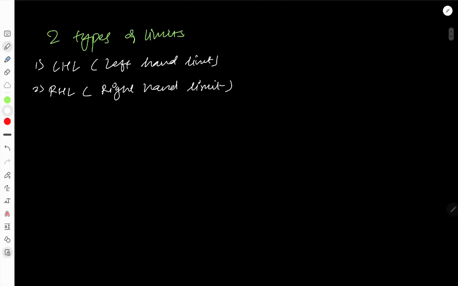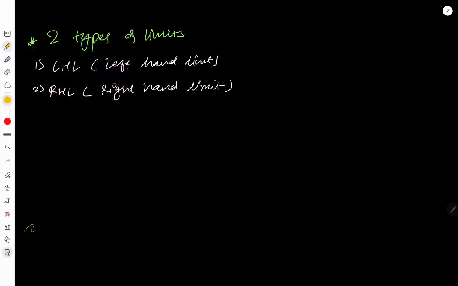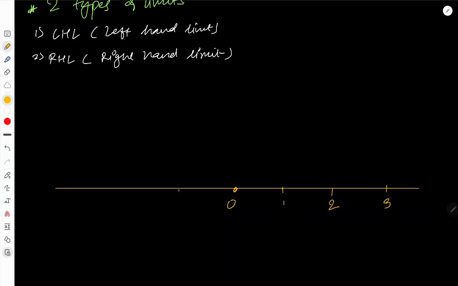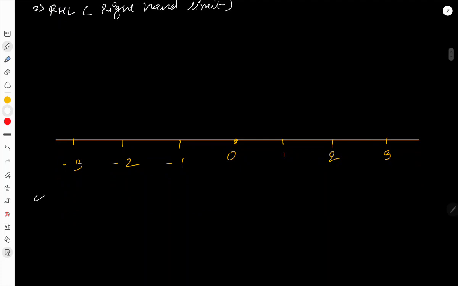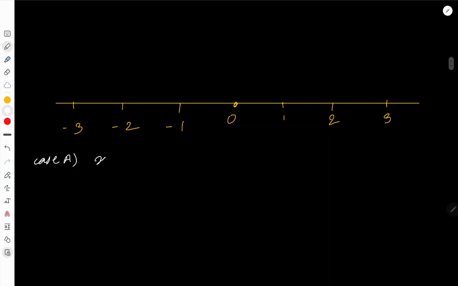So now what does this LHL and RHL mean? I'll make you understand that with the help of a graph that I'm going to draw. A number line. Let this be your 0, let this be your 1, 2, 3, minus 1, minus 2, minus 3. Now let us take case A, that is the value of x is equal to 0.